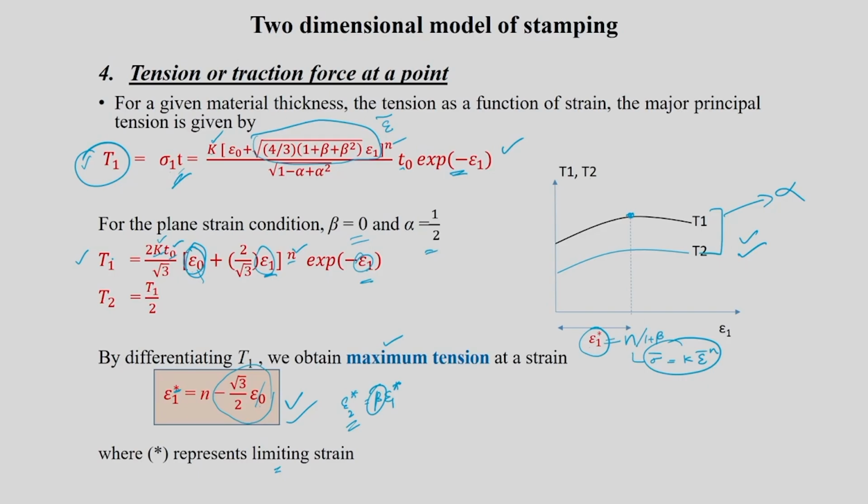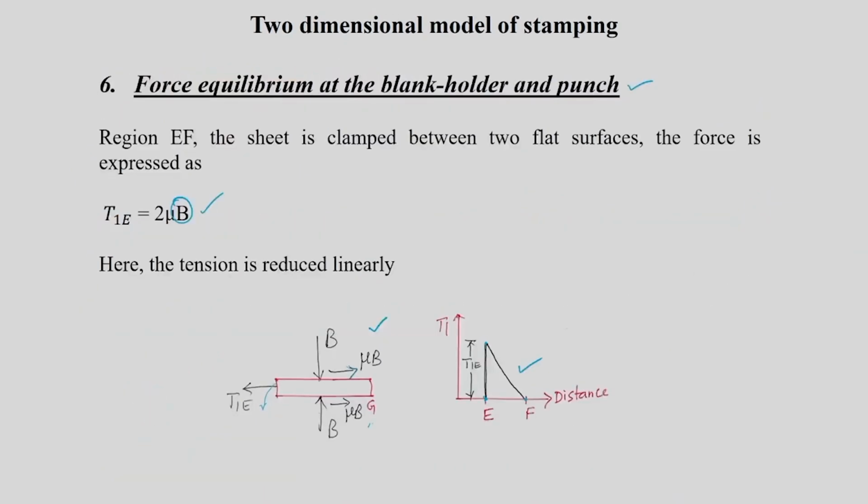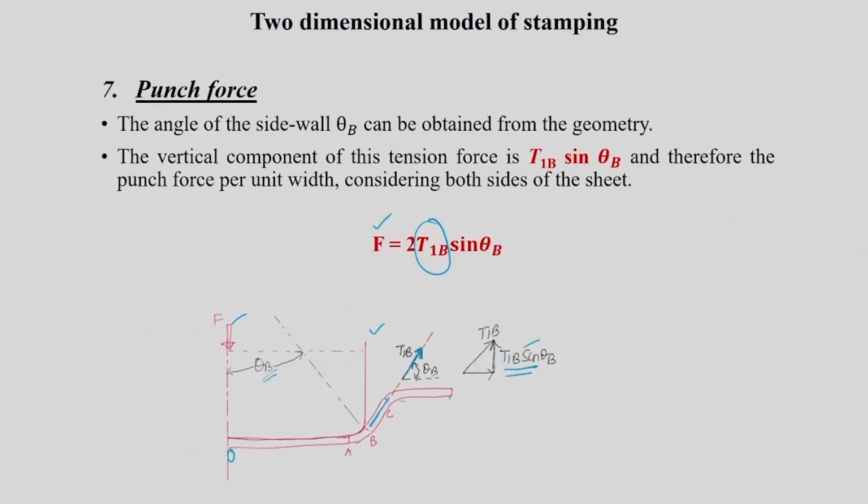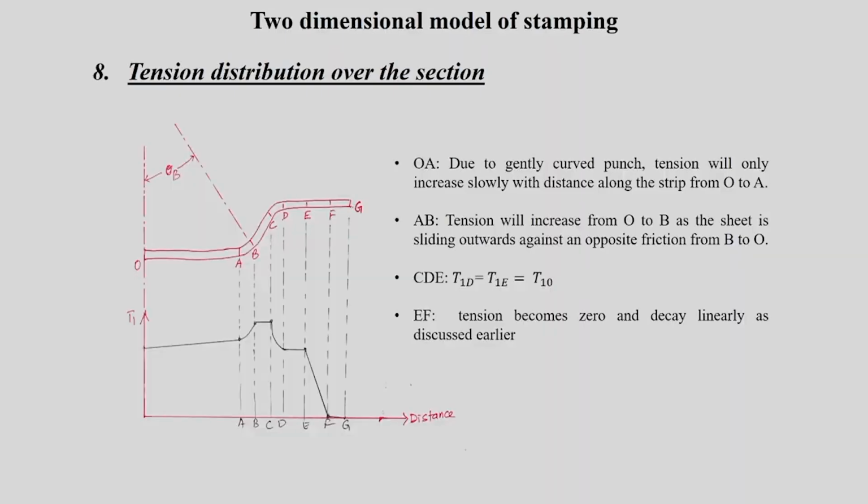So your punch force F can be plotted with respect to change in strain. I am not going to show that, but if you want to calculate it, you can calculate it.